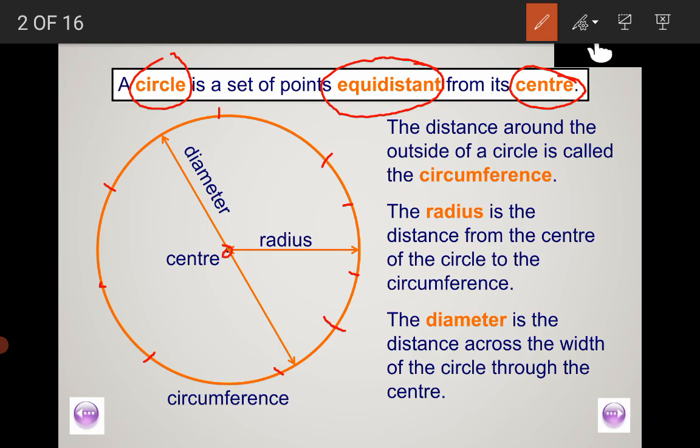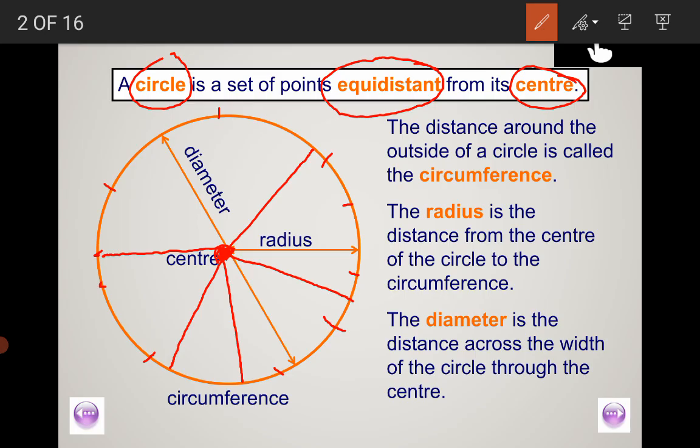And the point which I have shaded in red is called the center. So you can see any line you draw from here to there, that's another radius. You can draw as many as possible, like that. All these radii. One is called the radius, but more than one is called the radii.